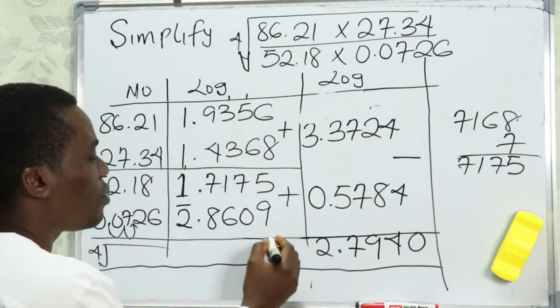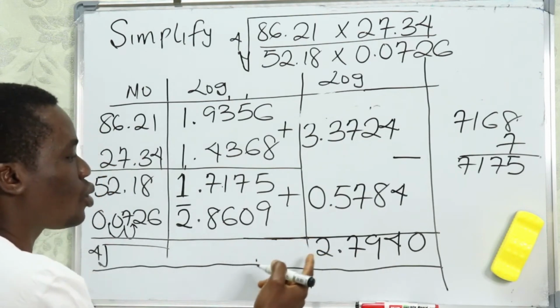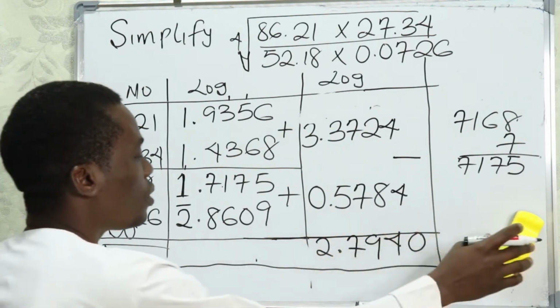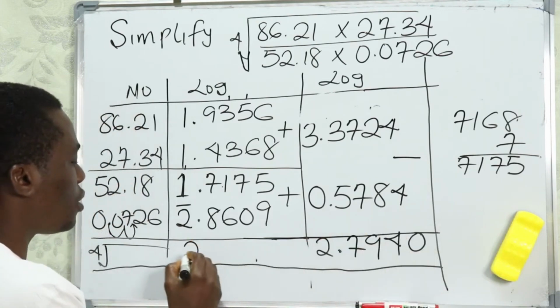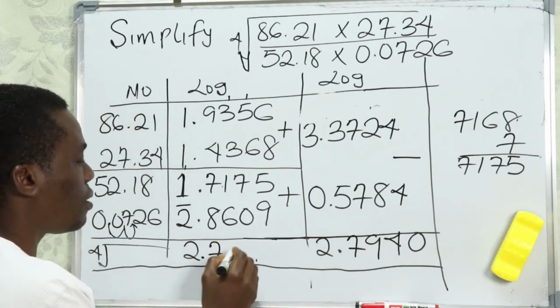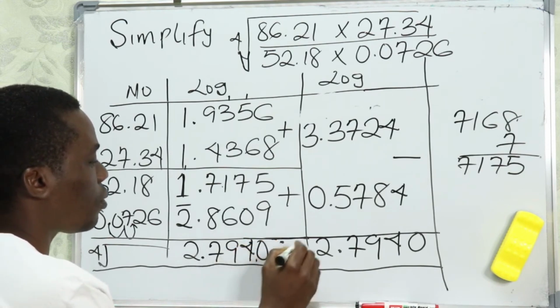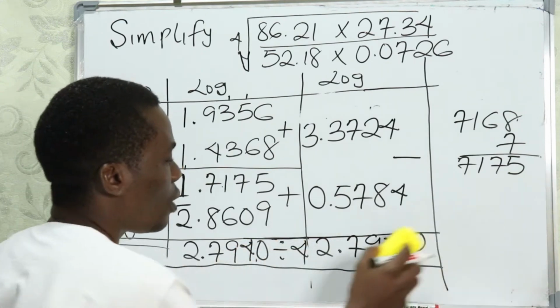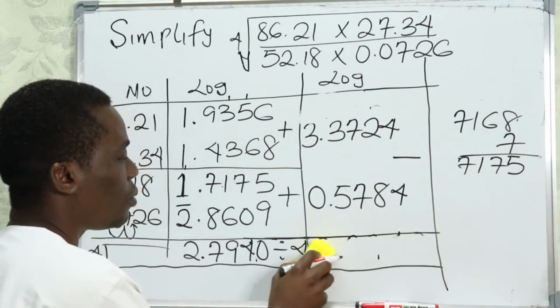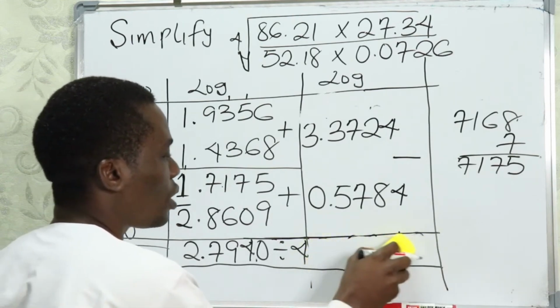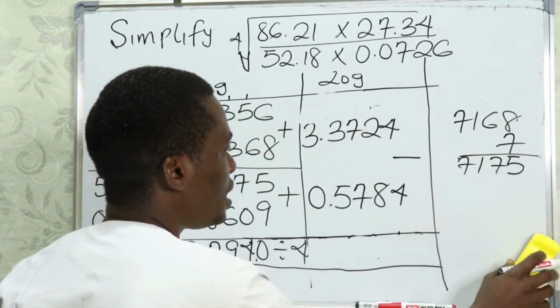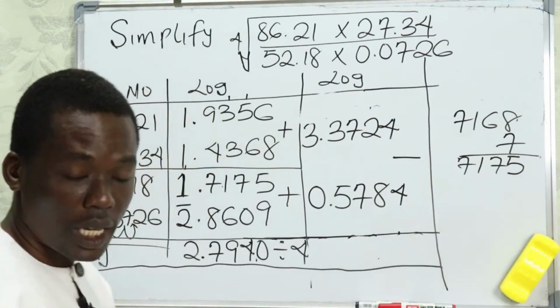So we haven't gotten that. All we need to do is to divide this value by 4. So we have our 2.7940 divided by 4. That will now give us a true value that we are looking for. So if we divide this by 4, we are going to get a value.